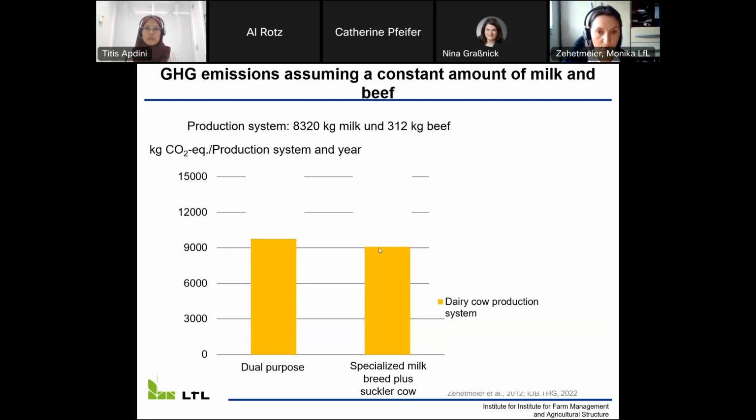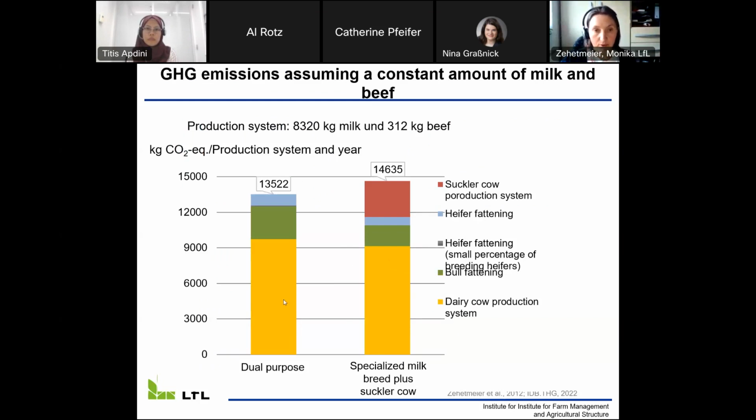If you start with the dual purpose system and you switch to a specialized milk system, at the dairy farm gate, you see a reduction of greenhouse gas emissions per cow. But if you go the long way up to the end of the beef production system, you see that you have a little bit higher emissions from bull fattening here. But if you want to have the same amount of milk and beef, yes, you can add different beef production systems with the specialized milk breed, and at the end you can come up with higher greenhouse gas emissions.